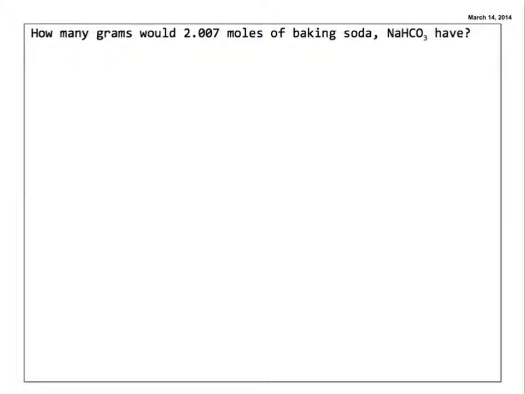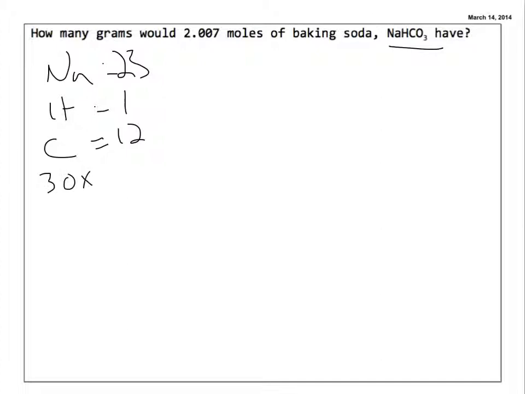How many grams would you have if you had 2.007 moles of baking soda, which is NaHCO3? So we've got a sodium, which is 23 grams, a hydrogen, which is 1 gram, carbon is 12, and we've got 3 oxygens times 16, which is 48.